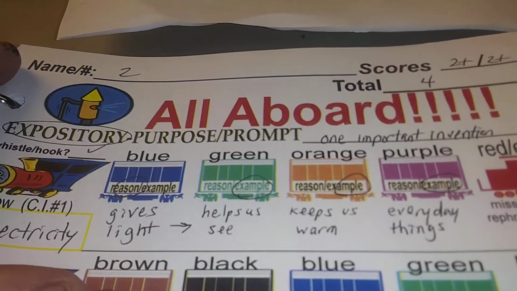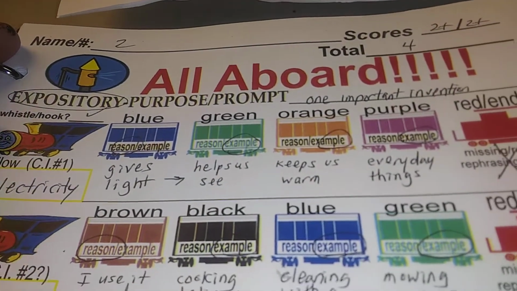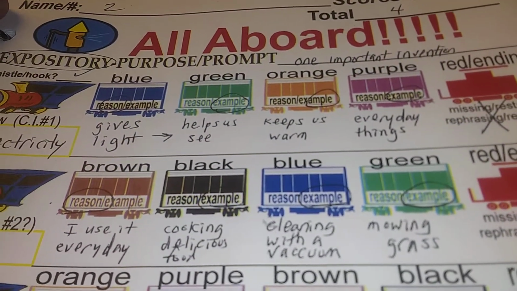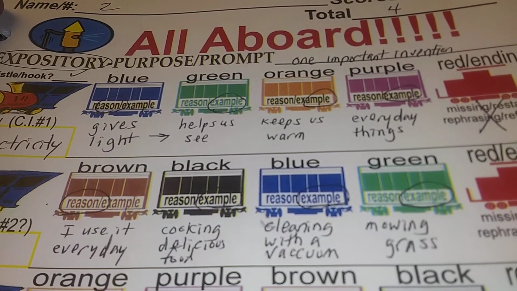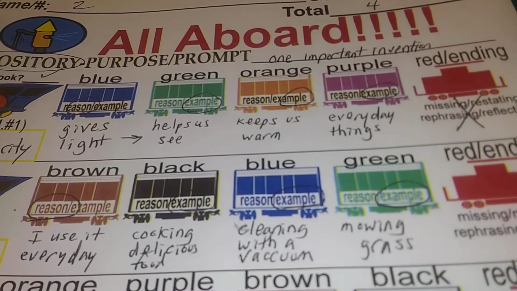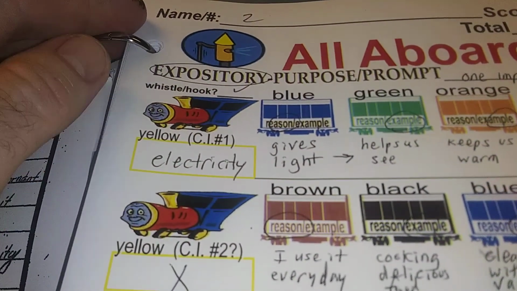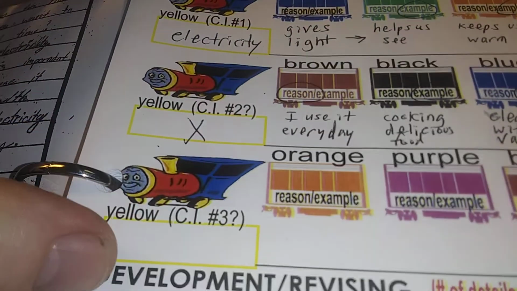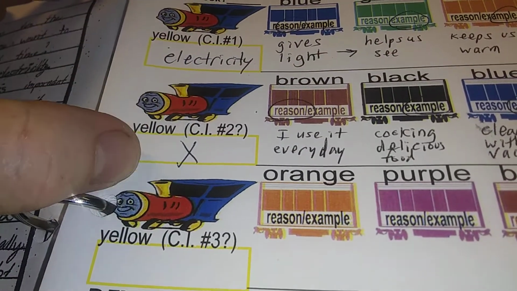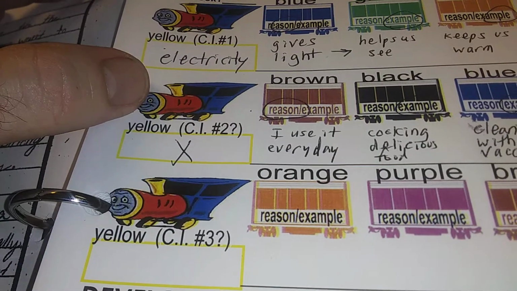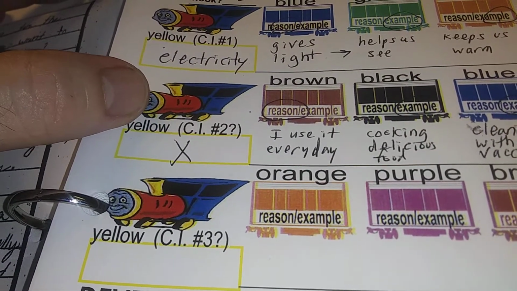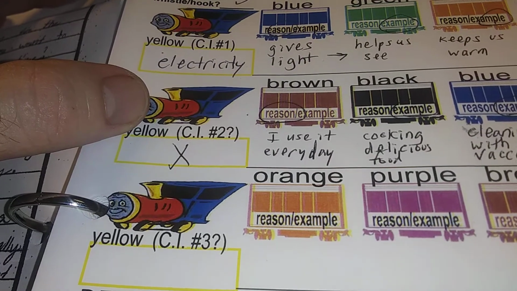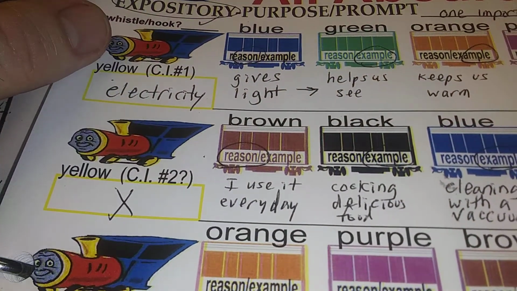My scoring guide basically uses color coding first with the main ideas that I think the student was intending. In the introductions, the yellow is the central idea. If they have more than one central idea, then I would fill in more than one yellow train here, because the train engine controls the rest of the trains.